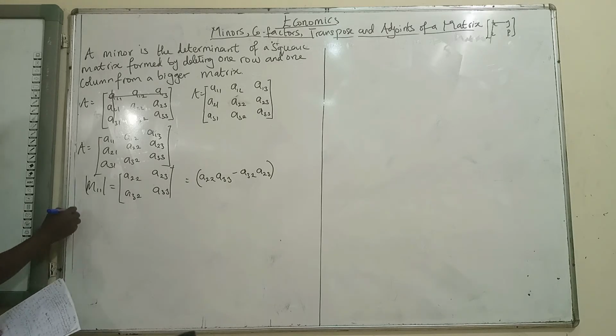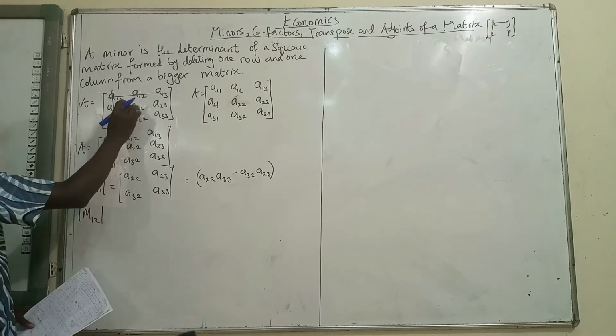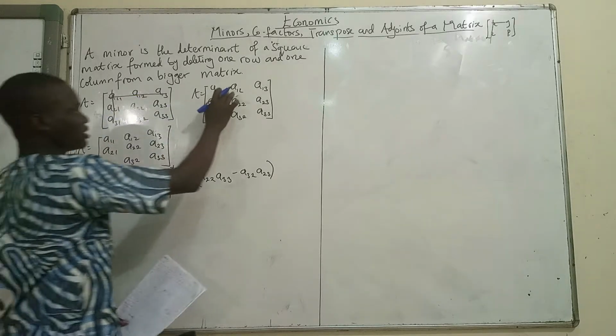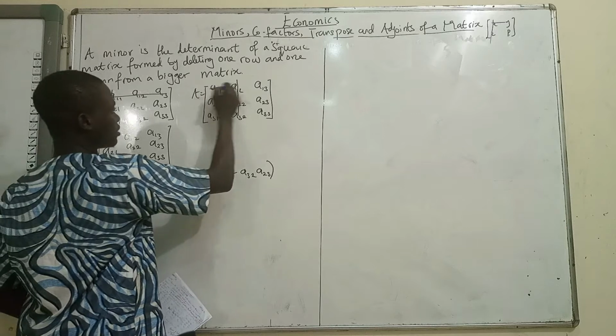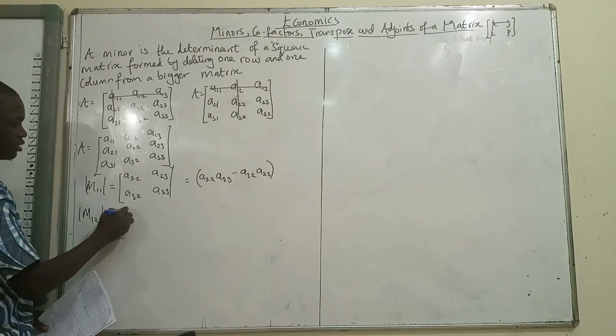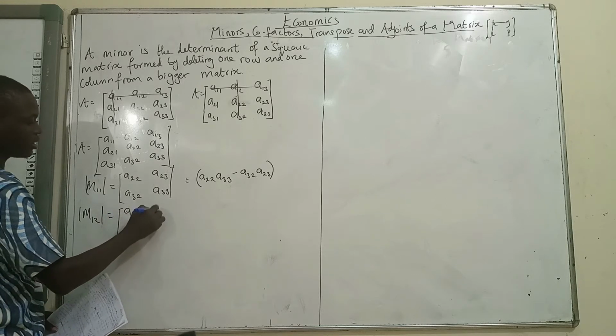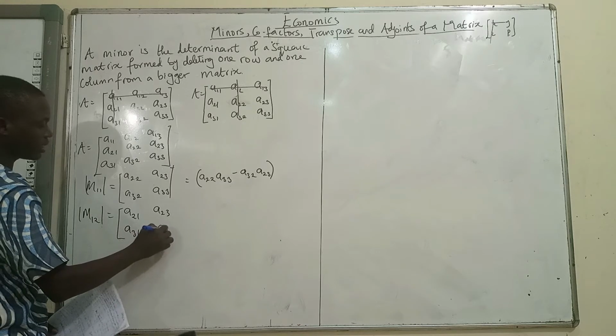What if we are looking for minor M12? That simply means the first row and the second column, which is A12 here. So we strike this column out, we strike this row out, and we are left with A21, A23, A31, and then A33.